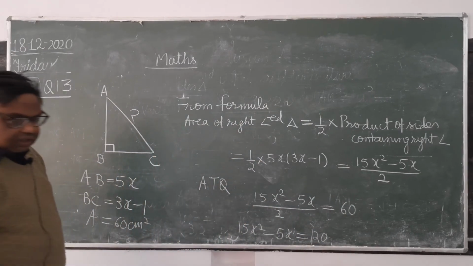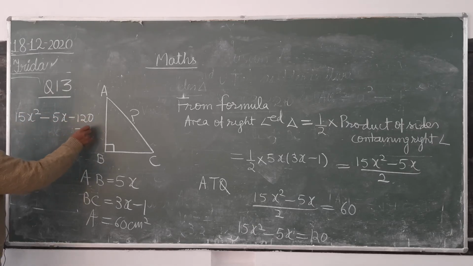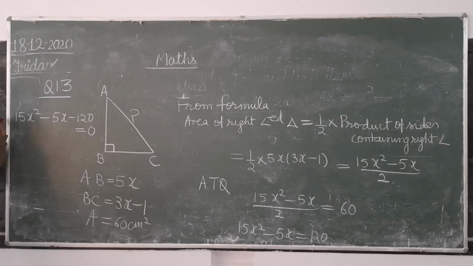Now you bring all the terms to one side. So when you bring them to one side, 15x square minus 5x minus 120 equals to 0. If you see it carefully, in every term 5 is a factor.